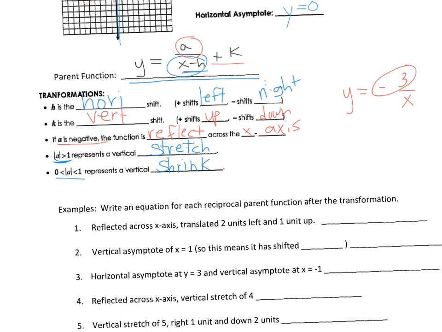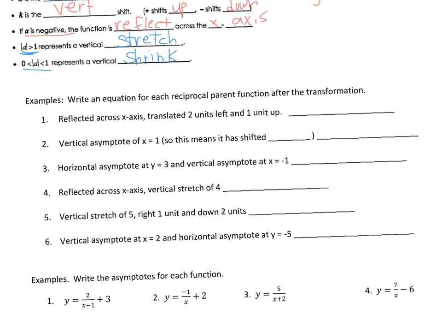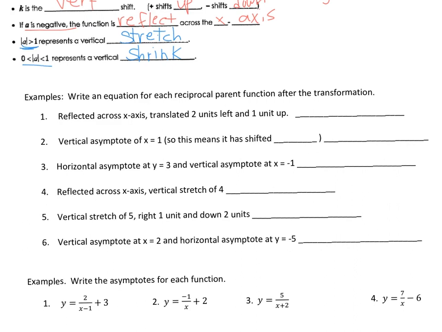Examples: write an equation for each reciprocal function after the transformation. If it's been reflected across the x-axis, translated 2 left and 1 up, it's going to be y equals, reflected across the x-axis, I need to put a negative. It doesn't say anything about a vertical stretch or shrink, so I'm going to write it as -1, and it's left 2, so it's going to be x plus 2, and then plus 1 for up 1 unit.